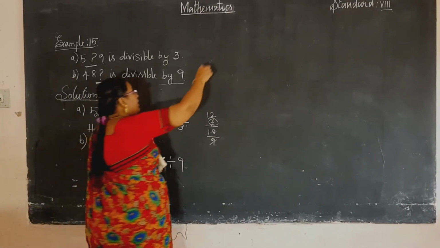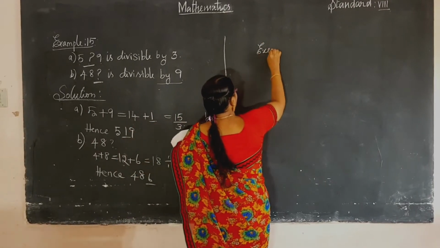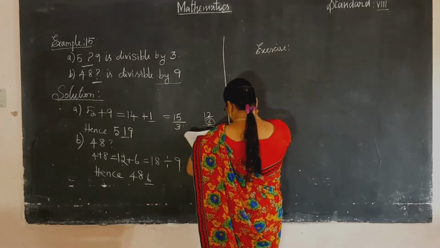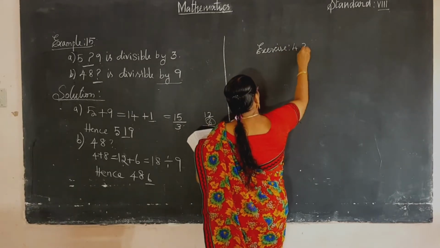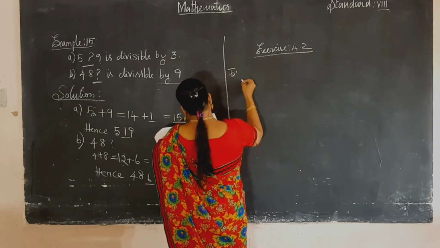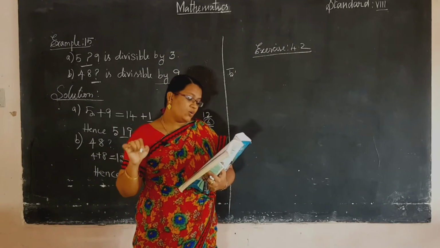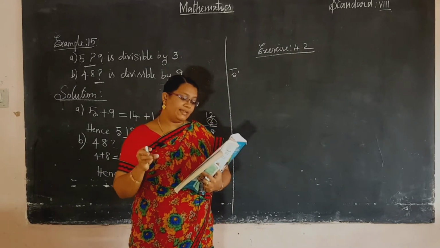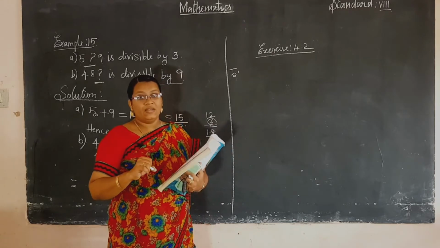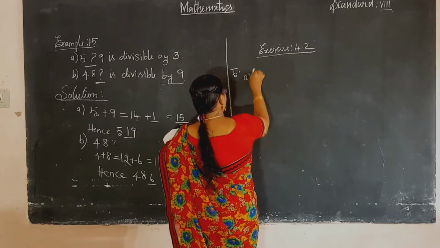Okay, now see exercise 4.2, the fifth problem. The first one: replace the question mark by the smallest digit so that the number is divisible by 3.